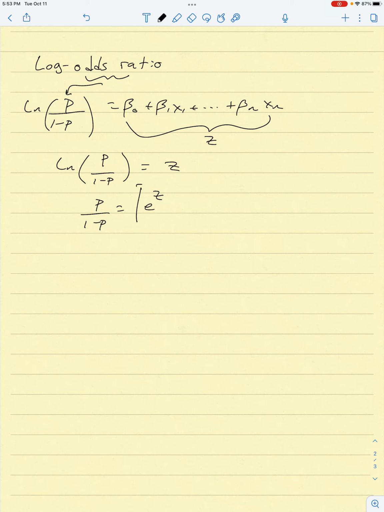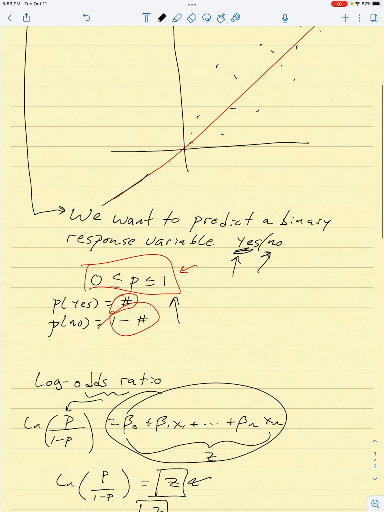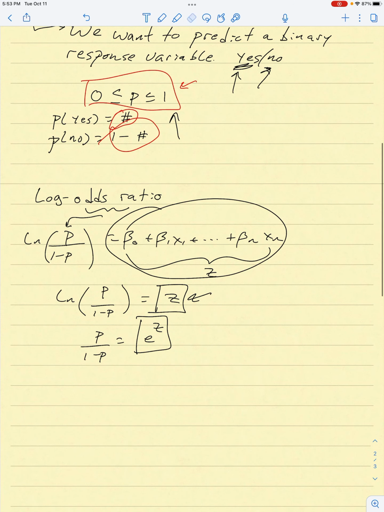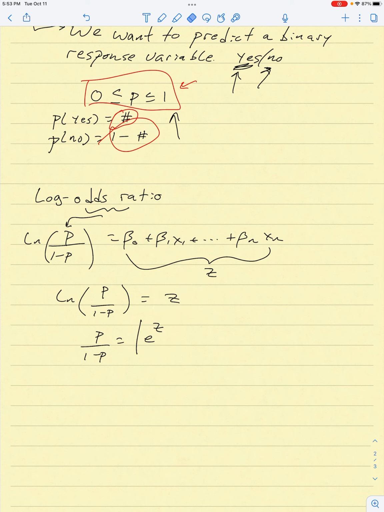So actually notice right now, z could be anything, right? It was this linear model. It could be any number you want, extending this in either direction. But when we do this e to the z, when we take this step here, the exponentiating, look what happens. Like if you look at a graph of e to the x, how that looks like is like this, right?